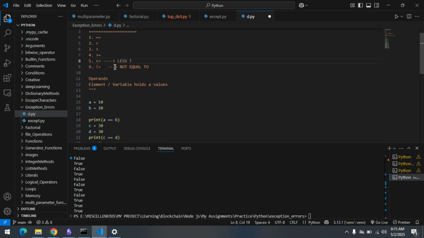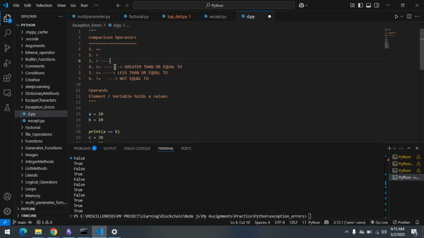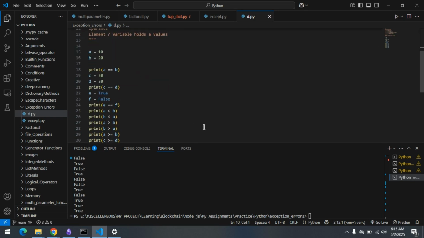Less than or equal to, and this is greater than or equal to, and this is greater than, just greater than, and this is less than, and this is equivalent.